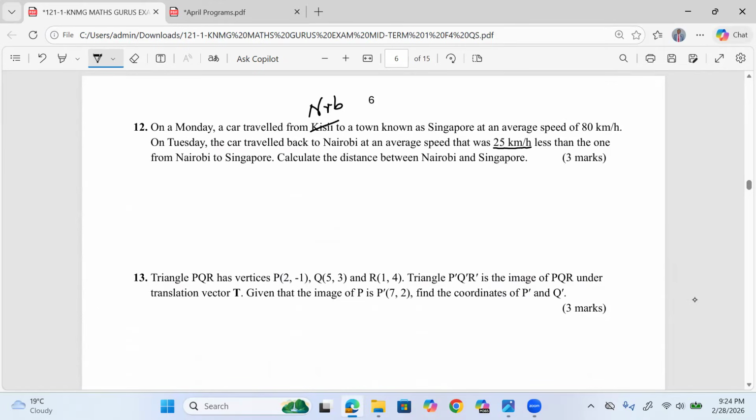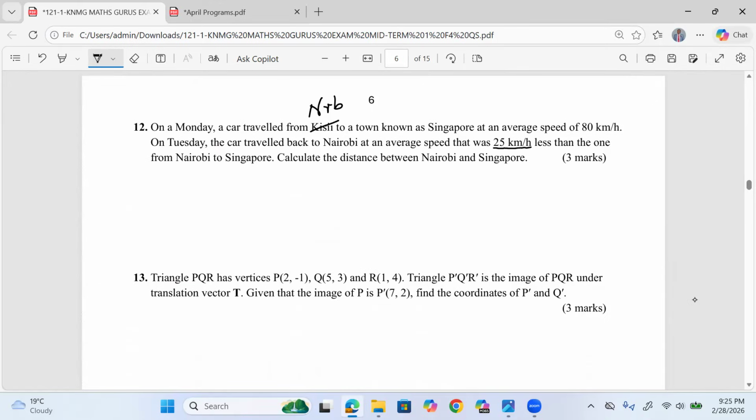Calculate the distance between Nairobi and Singapore. There is something here I want you to understand. I'm trying to read the mind of the setter.